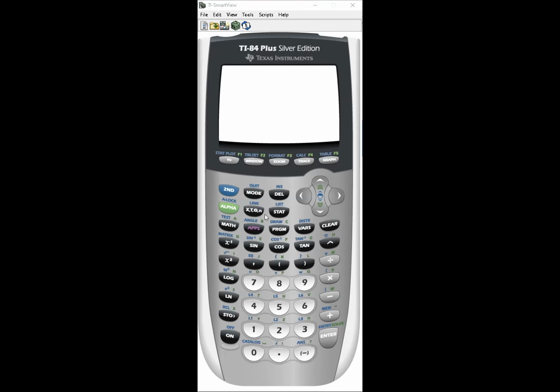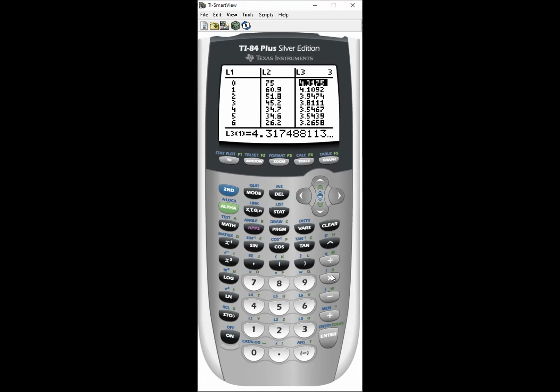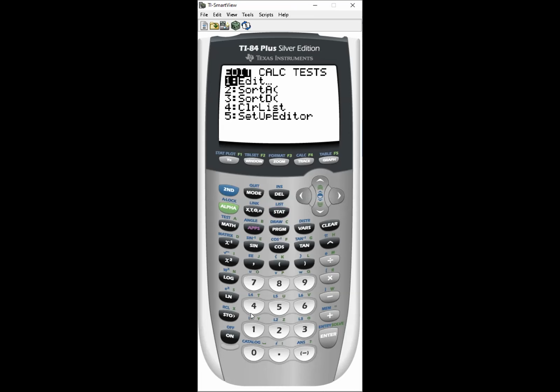So we have 3 lists. Let's put the data for group 1 in list 1. I'm going to get rid of all the data.